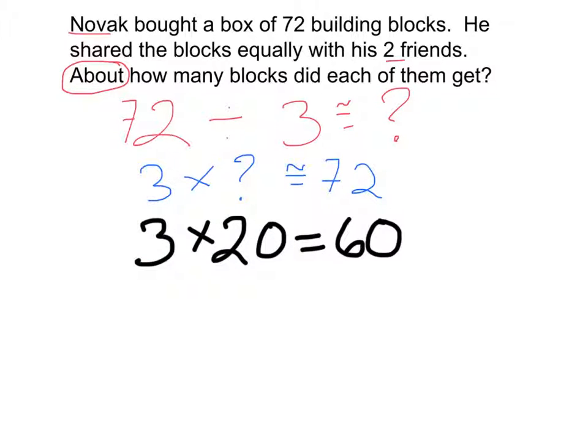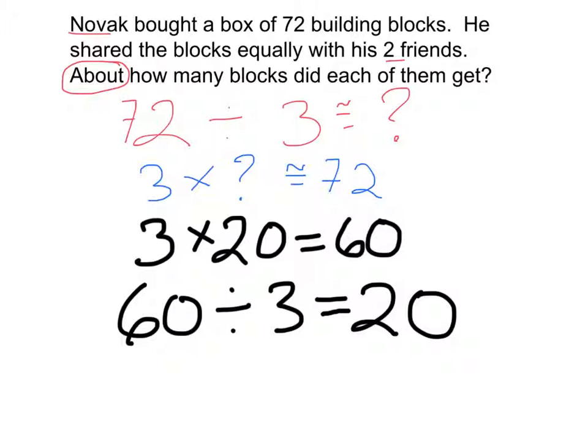Look at how these three problems are related to each other, right? We have the 3 in each one of them, and we have close to 72 in each one of them as well. We need to flip this one that we just created into a division problem. 60 divided by 3 equals 20.